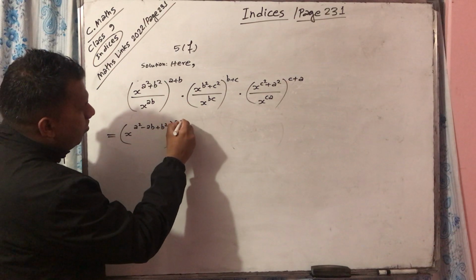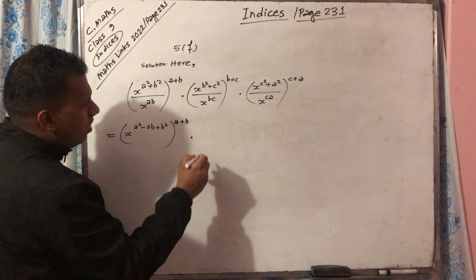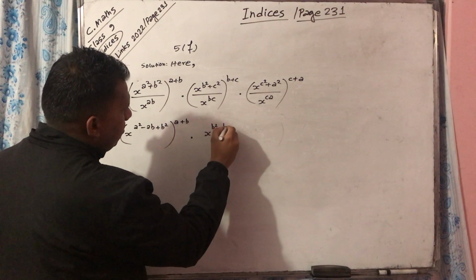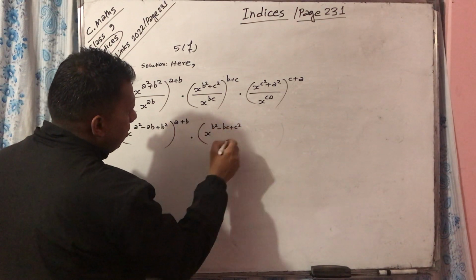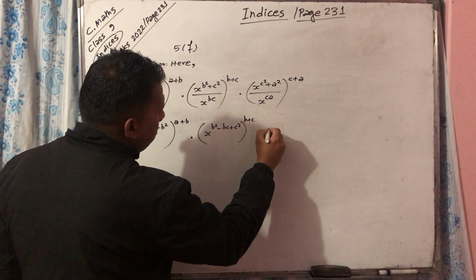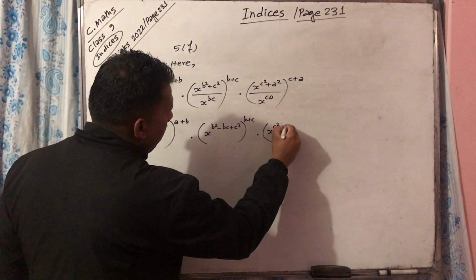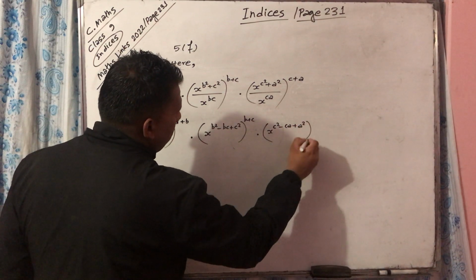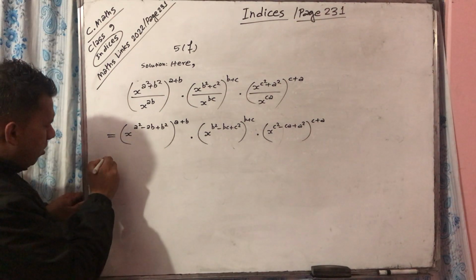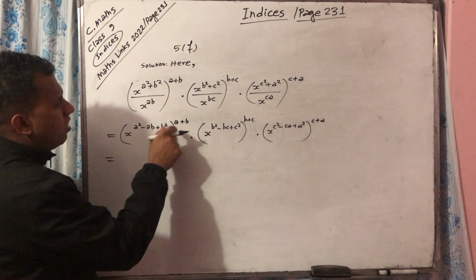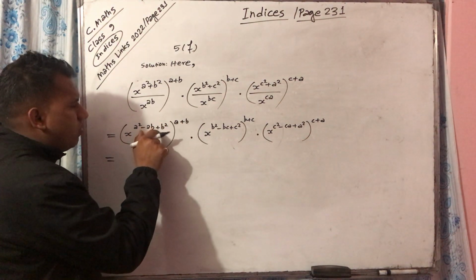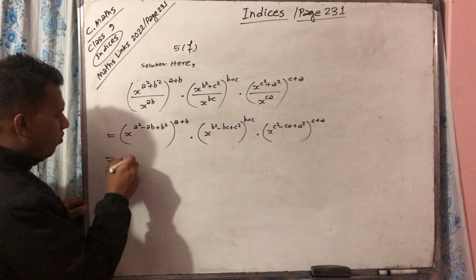Whole power is a plus b, dot x to the power b square minus bc plus c square, whole power b plus c, dot x to the power c square minus ca plus a square, whole power is c plus a. Now the first part and second part in the form of (a plus b)(a square minus ab plus b square) make a cube plus b cube form.